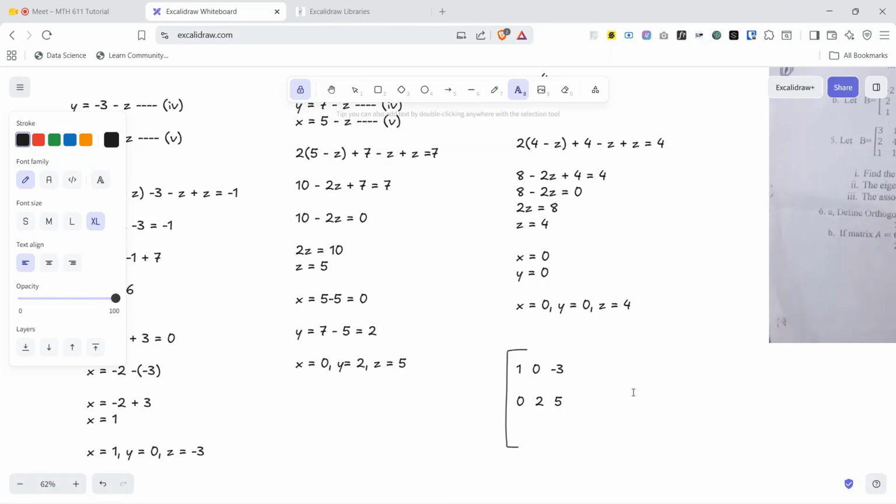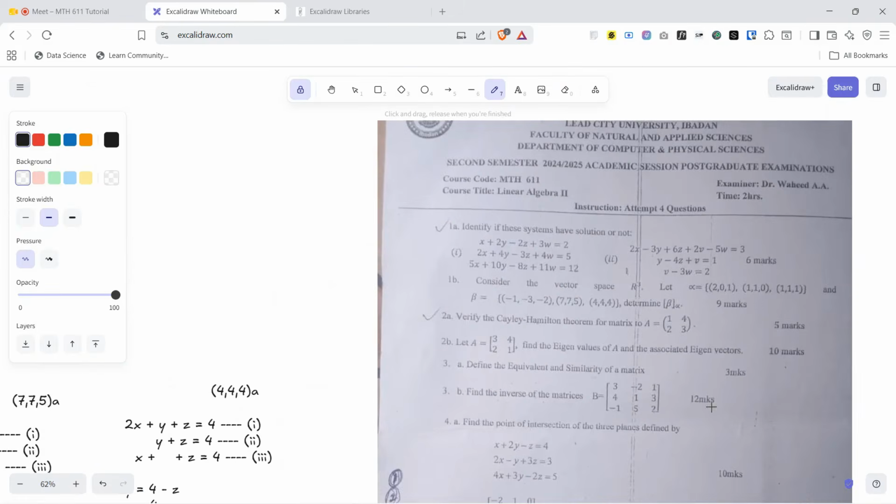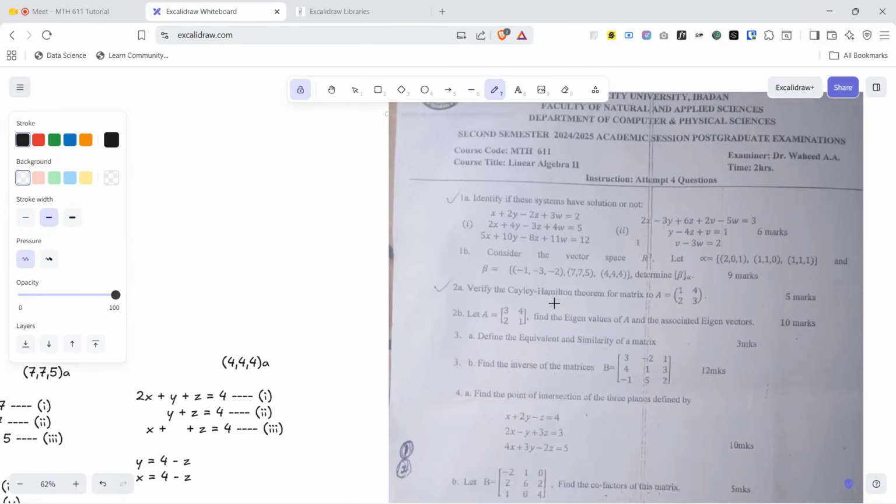And the third one is 0, 0, 4. So this is our answer. This is the answer for this equation for 1b.